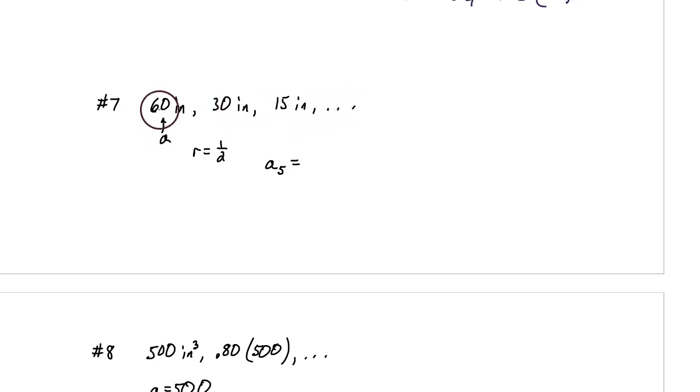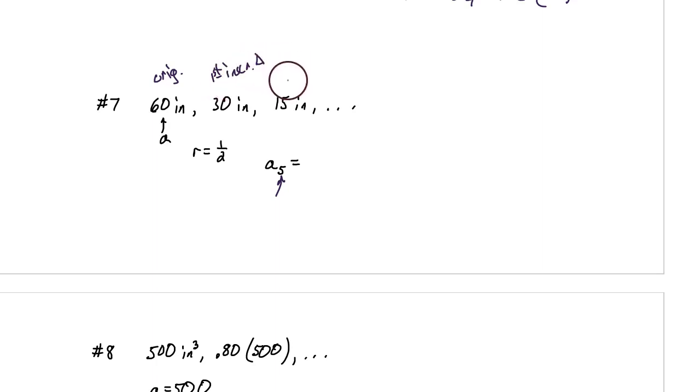We can see that our value of A is 60, and that our rate is a half. We're timesing by 1/2 each time as we move to the right. We were asked for the 5th inscribed triangle. Do I have the right number identified? This is the original triangle. This is the first inscribed triangle, a triangle drawn inside of another triangle.